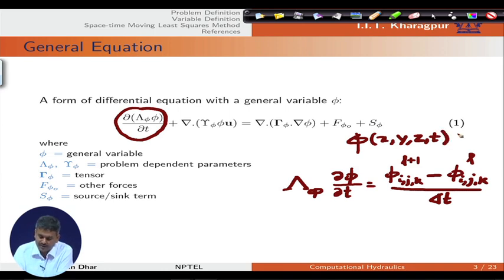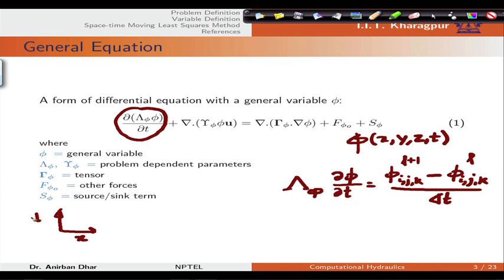But in this case we are considering two points for the derivative. If we have a one dimensional case, then we simply have x and the time dimension t.